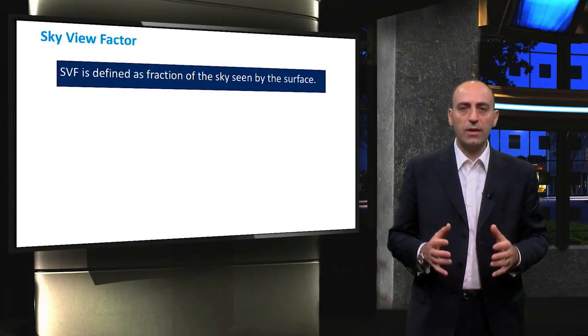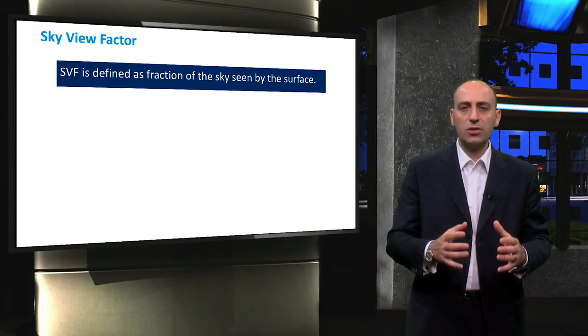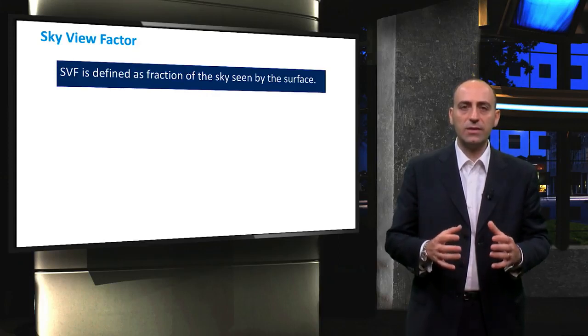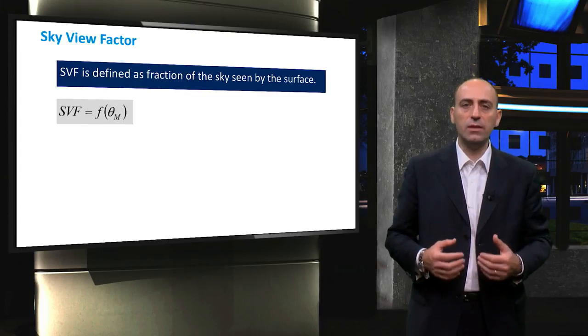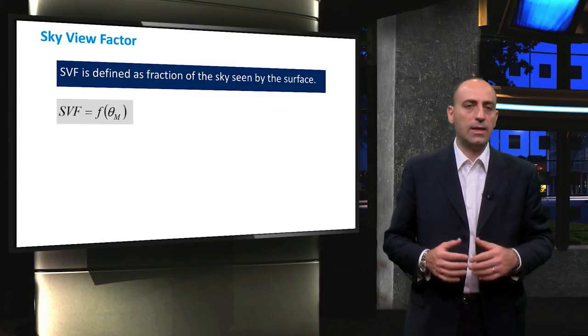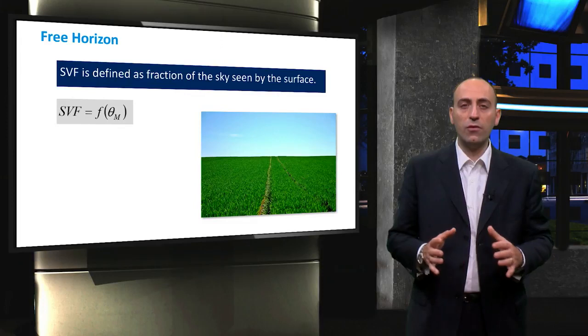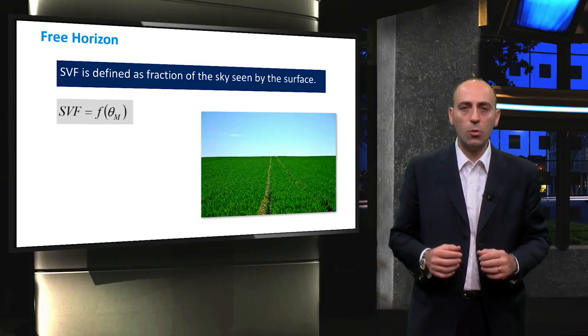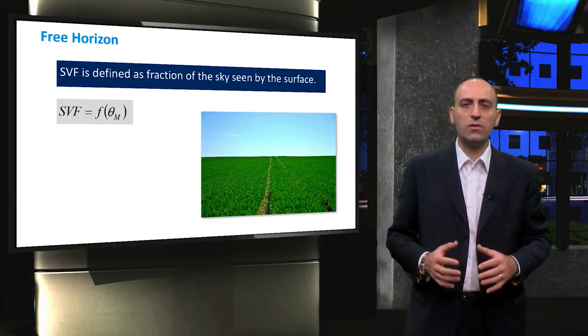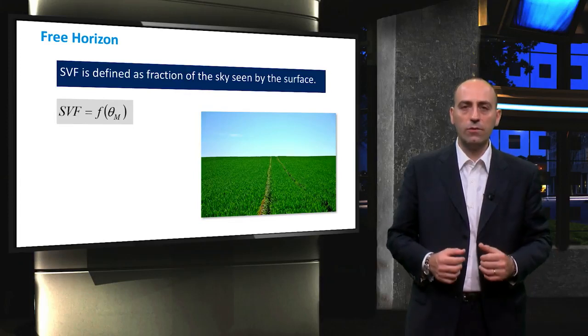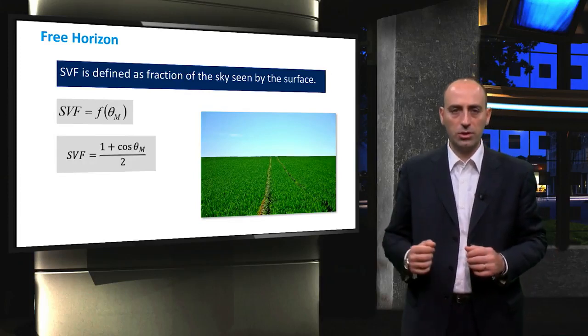The Skyview factor, as you know, is defined as the fraction of the sky that a surface sees, and it is a function of the tilt angle of the PV module. In an ideal case, that is for a free horizon where there are no surrounding obstacles present, the Skyview factor is related to the tilt angle of the PV module according to this equation.